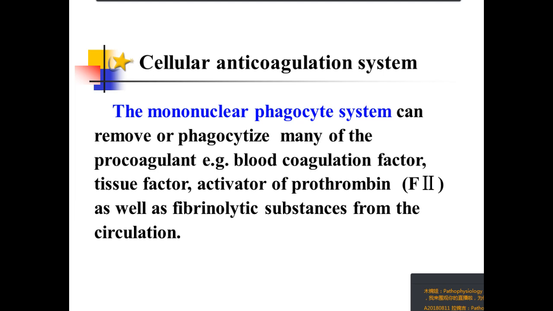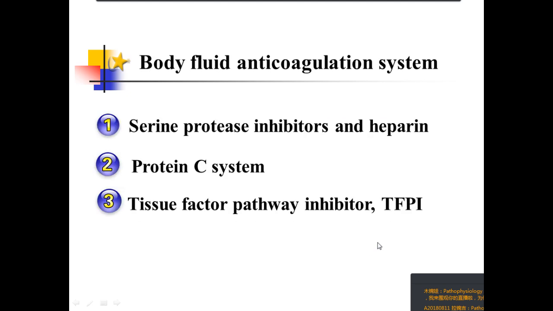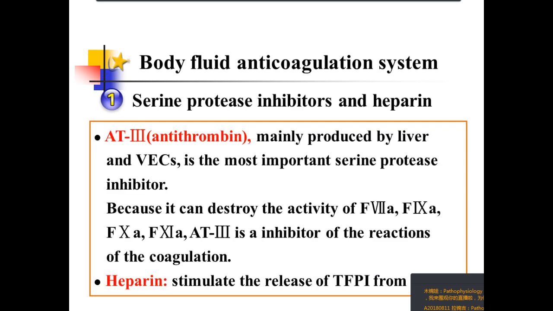Now the next, body fluid. The body fluid anticoagulation system includes three parts: first, serine protease inhibitors and heparin; second, the protein C system; and third, tissue factor pathway inhibitor. First, serine protease inhibitor refers to antithrombin 3.